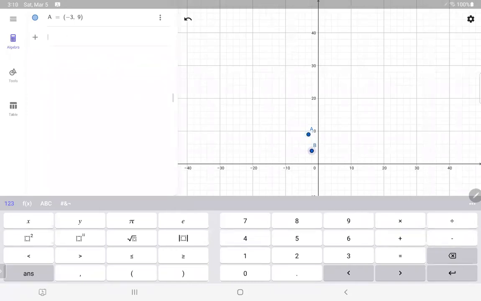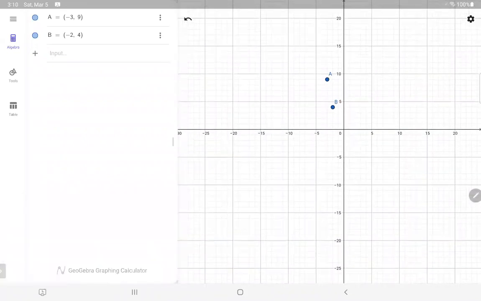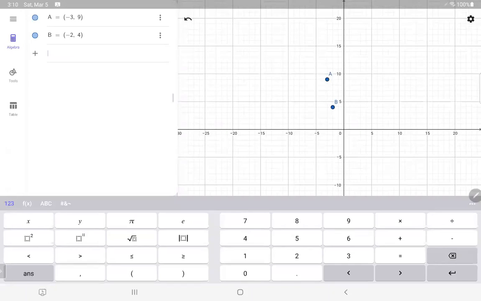X and y, ordered pairs, correct? Next, -1, 1. 0, 0. 1, 1.